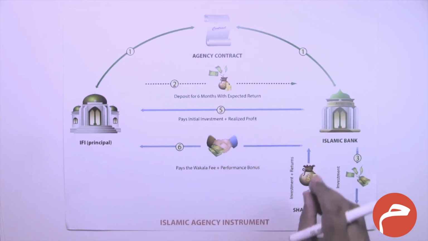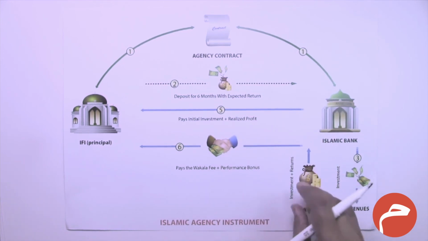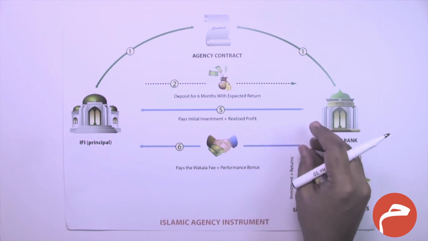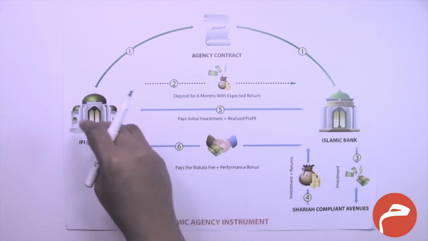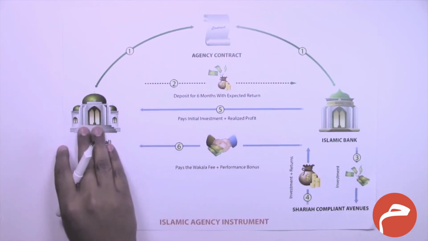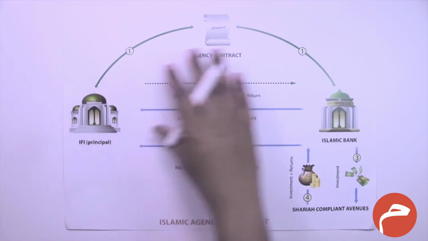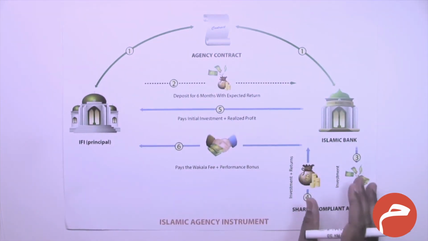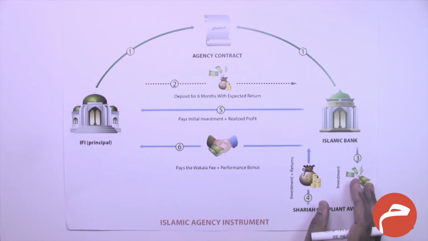Whatever is the actual realized profit from the business, only that realized profit needs to be shared or given to the investor or the investing bank. So this is another important structure which is being used by many banks in terms of placing their excess liquidity with other Islamic financial institutions.